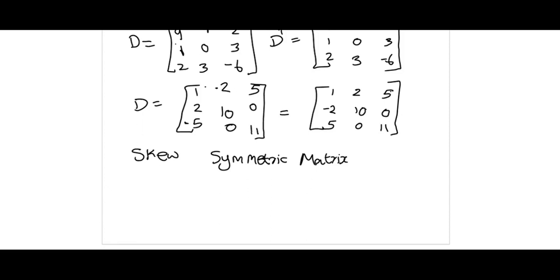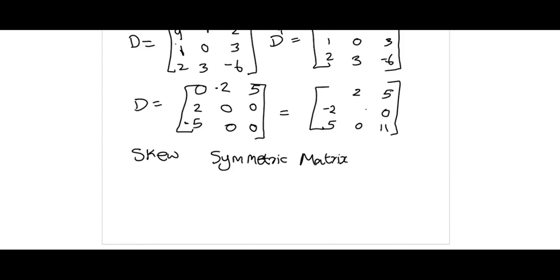Oh, something I forgot to let us know is that in a skew symmetric matrix, the principal diagonal must be all 0. Each entry must be 0, because that will make us have our required results.